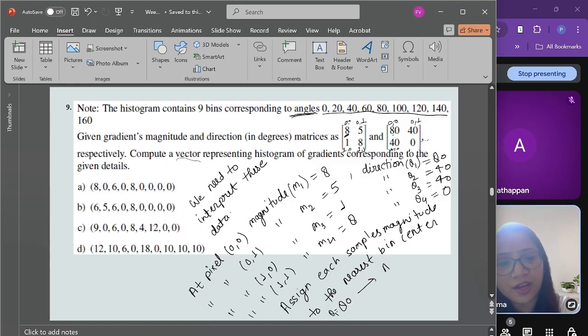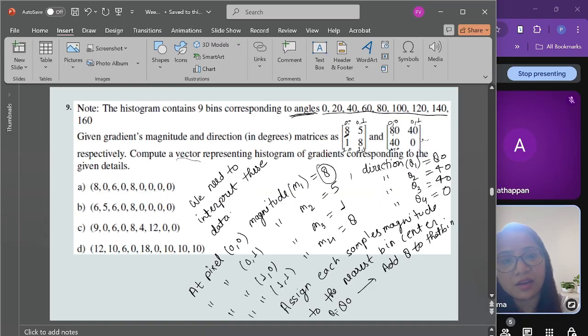For 80, the magnitude is 8, so we have to add 8 to that bin.